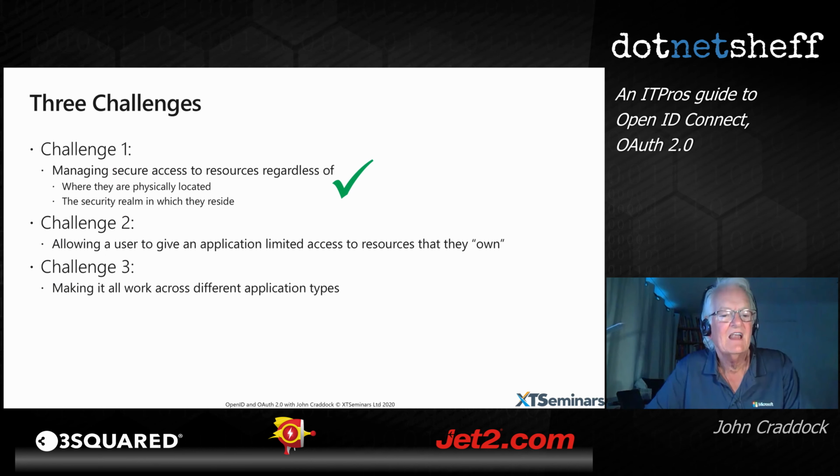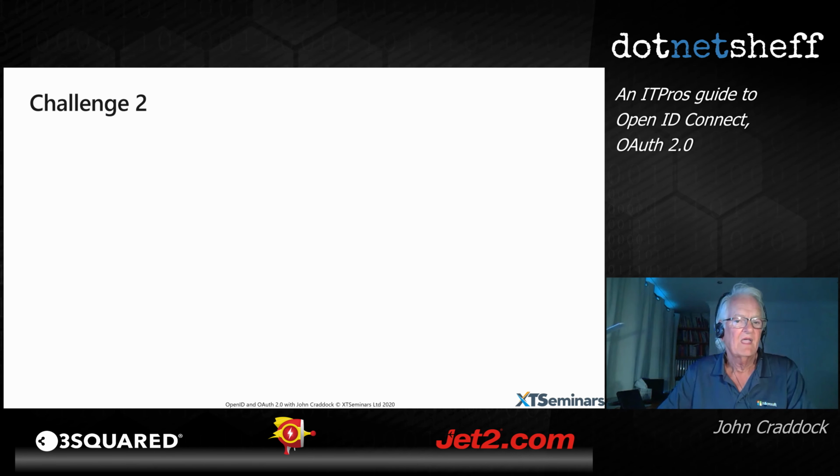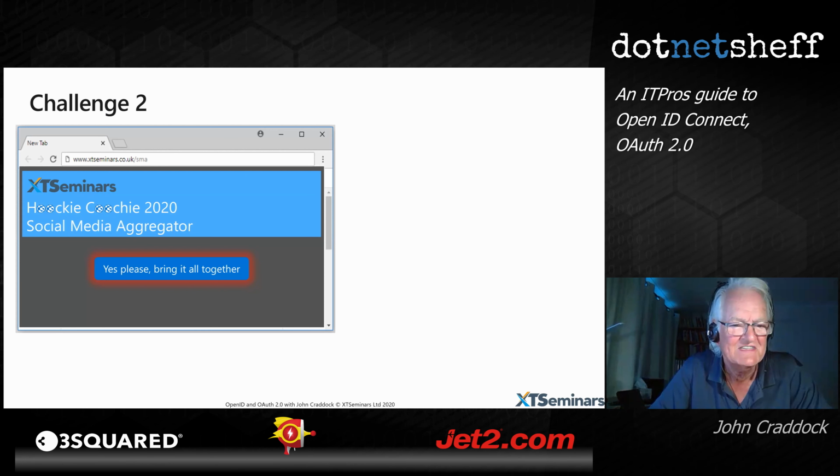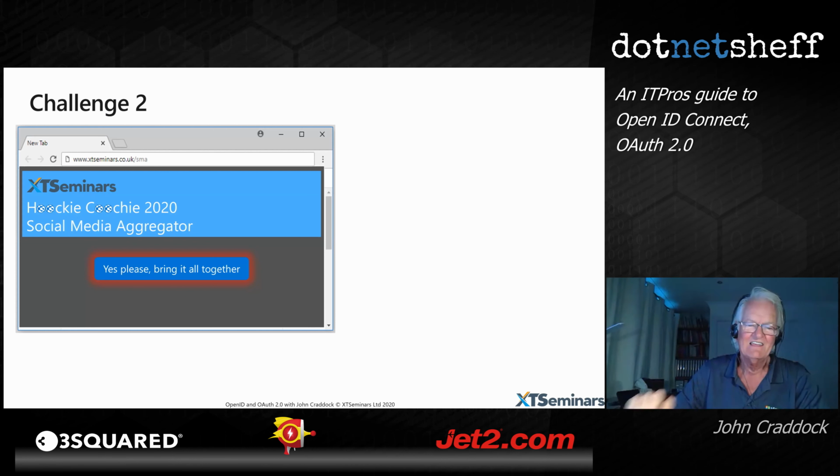Now, our next challenge is allowing a user to give an application limited access to resources that they own. So this is where we want to use an app, which is the Hoochie Coochie 2020 social media aggregator. Sounds good, doesn't it? So yes, let's click on the button and bring it all together.